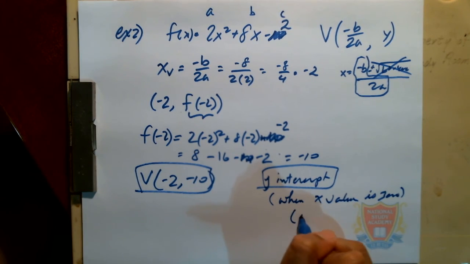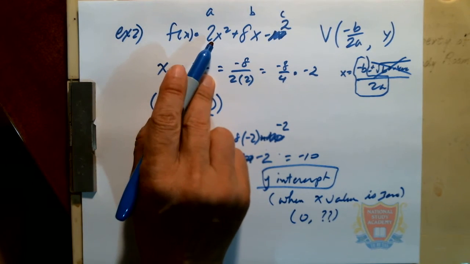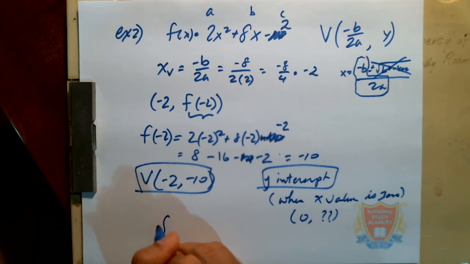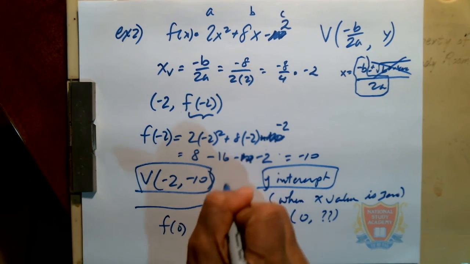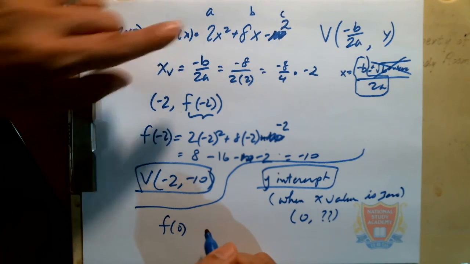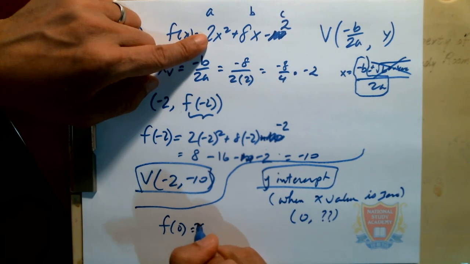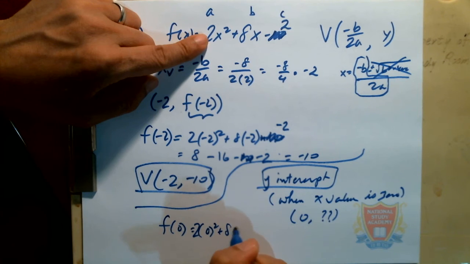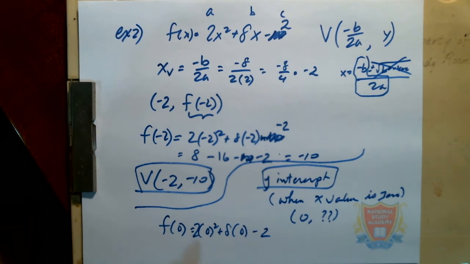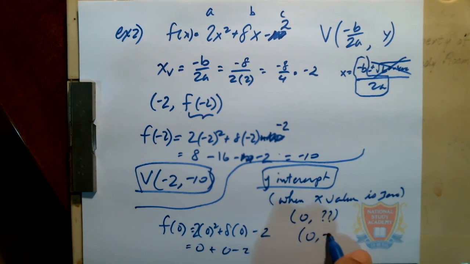In other words, it's going to be 0 comma something, right? Well, let's plug it in. If I plug in 0 in here, f of 0 is equal to 2 times 0 squared plus 8 times 0 minus 2. 0 squared is 0 times 2 is 0, plus 8 times 0 is 0, minus 2. It's going to be 0 comma negative 2.